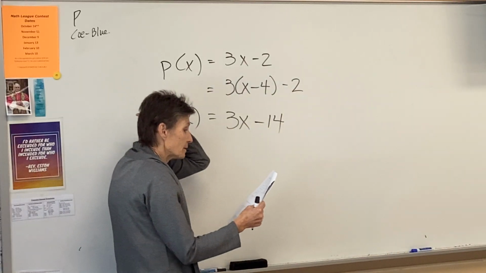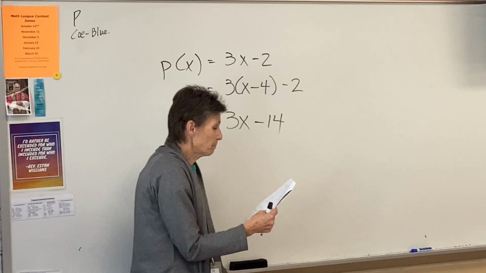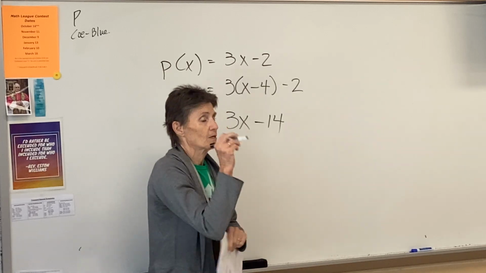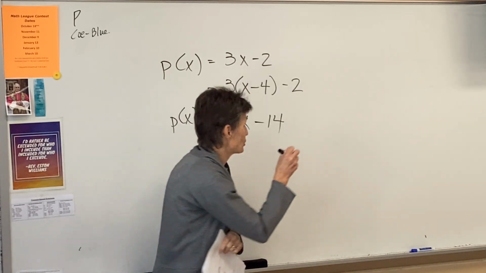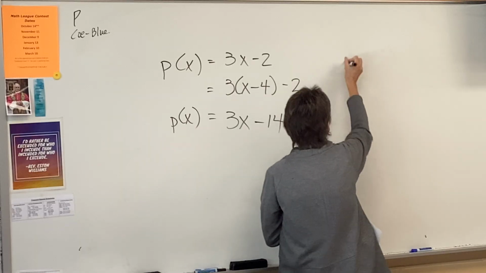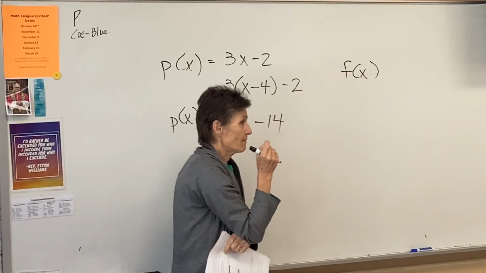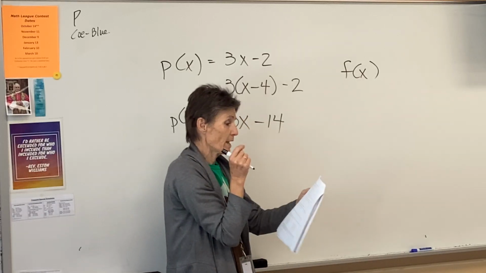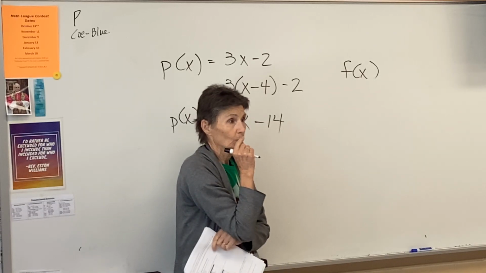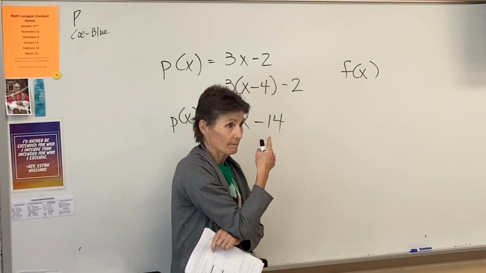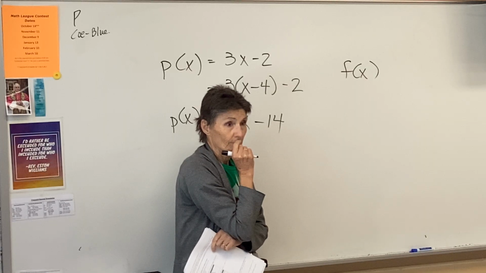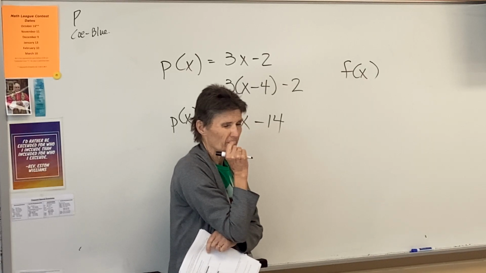So here we go. If we want to accomplish a vertical shift, what notation? Like f of x, what happens to f of x if we are going to do a vertical shift? How do you do a vertical shift?